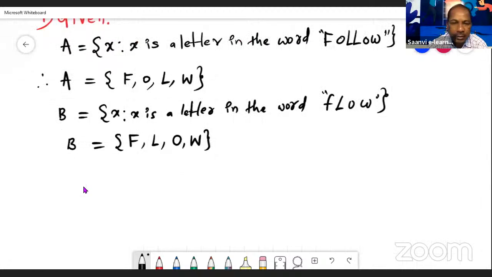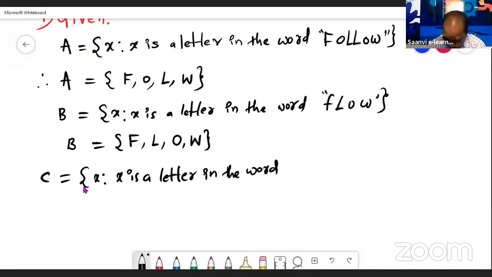And next, C is equal to X such that X is a letter in the word wolf.